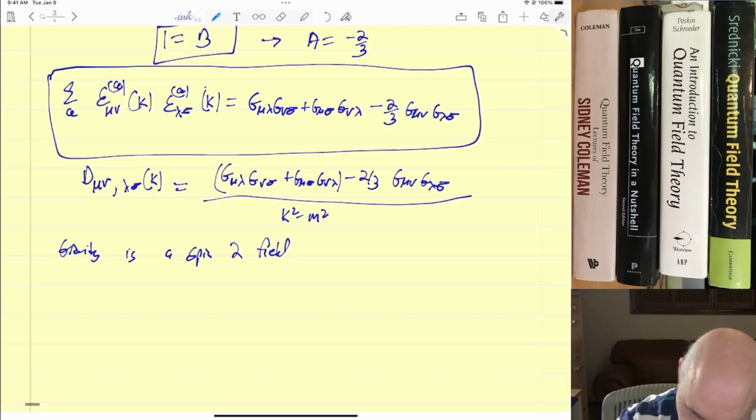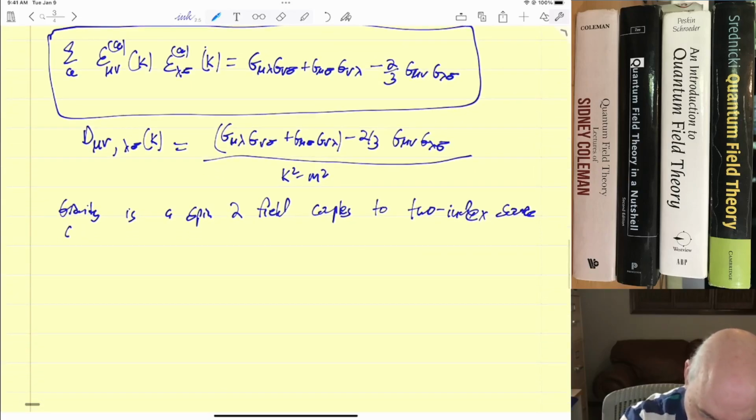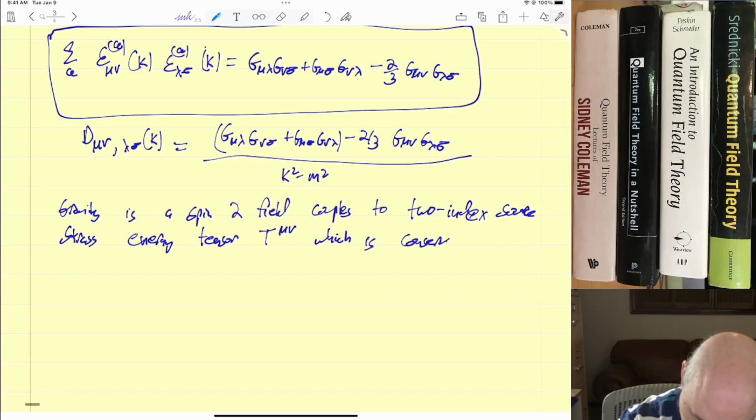And so it has to couple to a 2-index source. And we usually call this the stress energy tensor, T mu nu, which is conserved and symmetric.